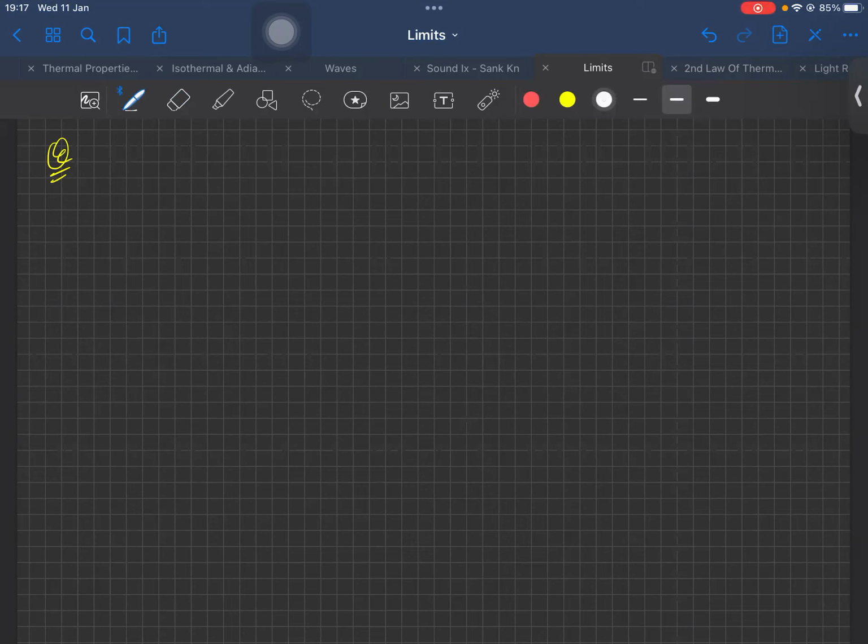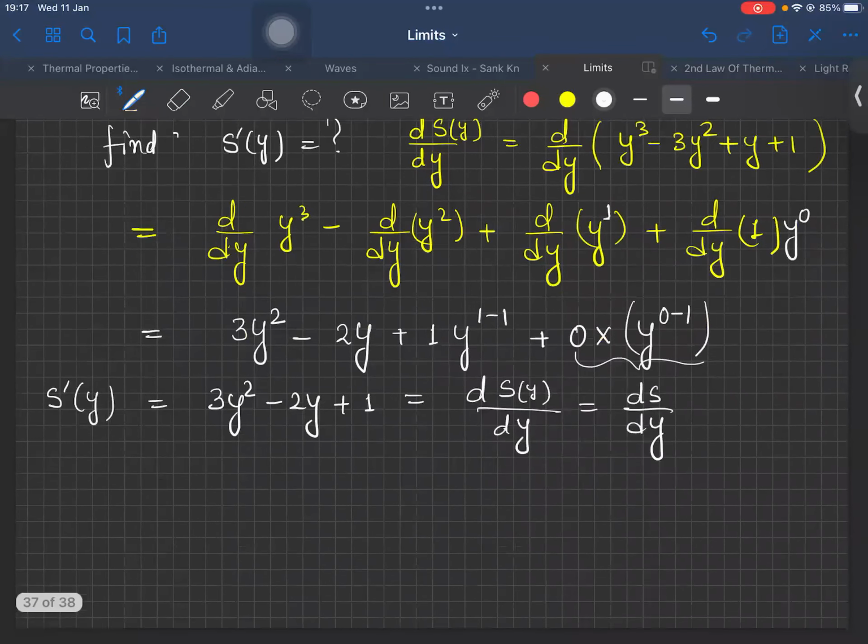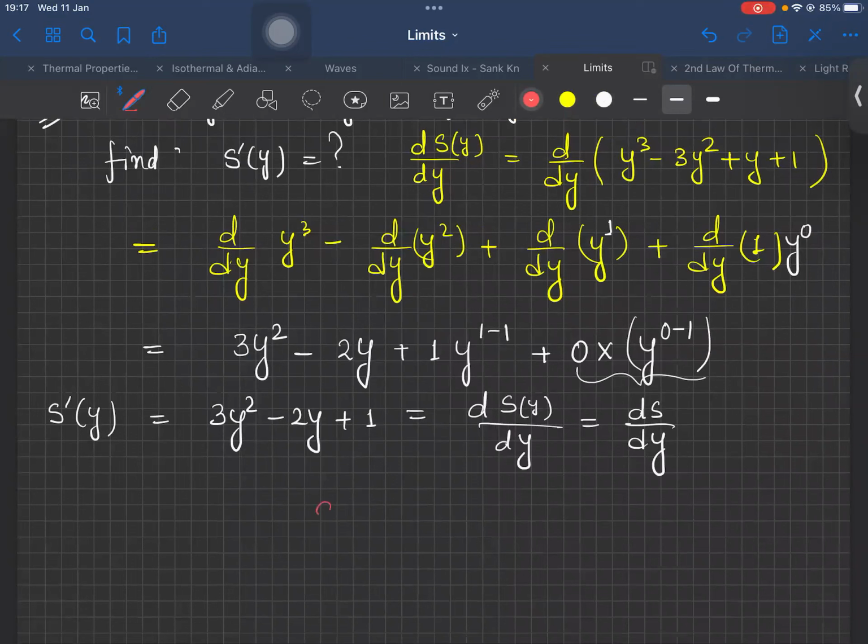Now let's say velocity is changing. Velocity is a function of time, and velocity is changing as t cube minus t.